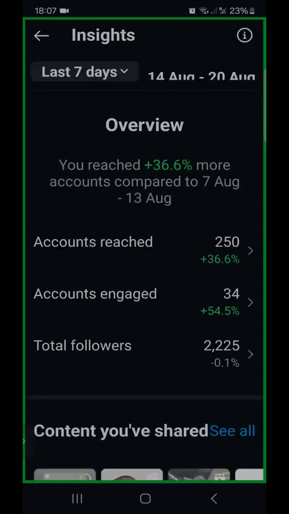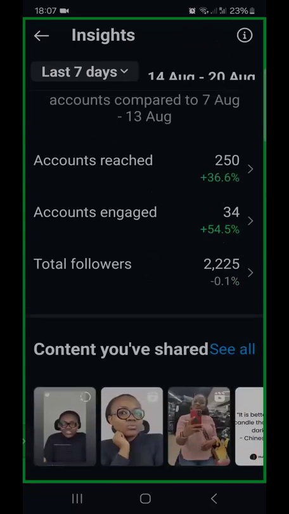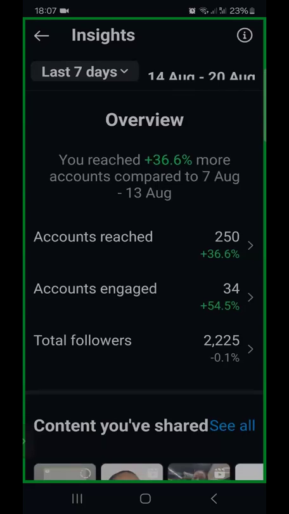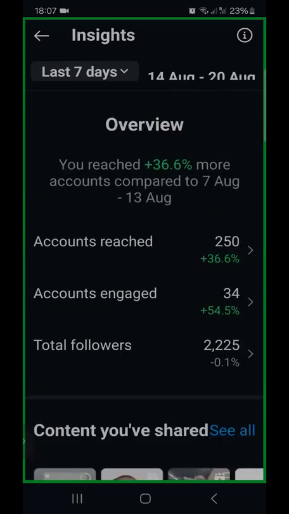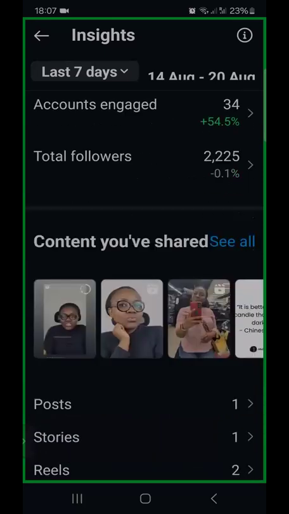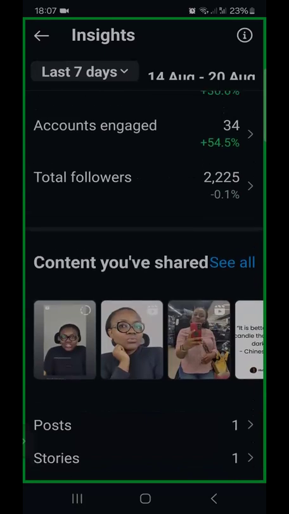Now, quick overview. Insights will show you how many accounts you reached, how many accounts were engaged, your follower count increase or decrease, the content you shared, and what the engagement was like on those contents.